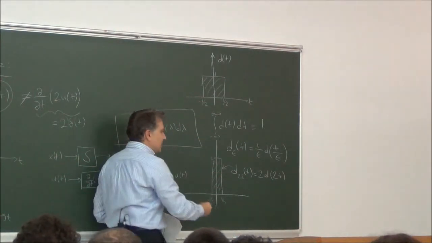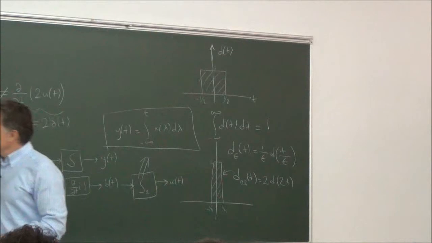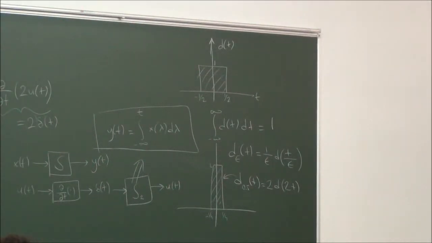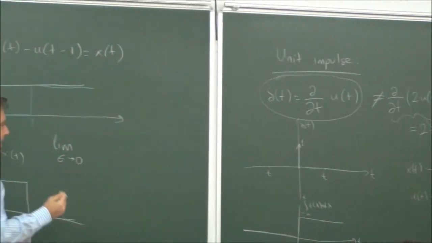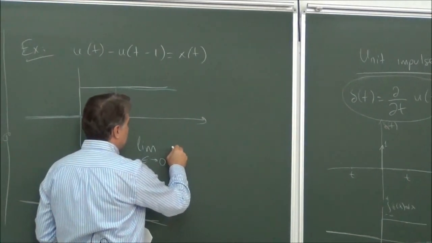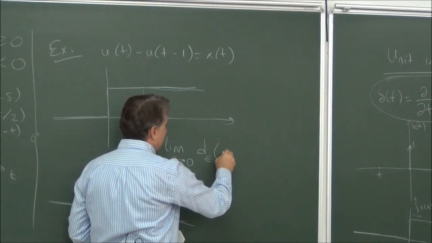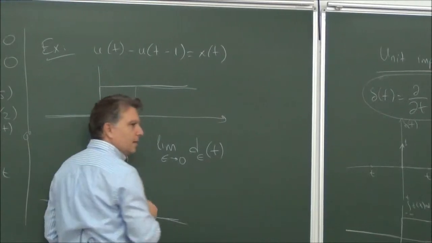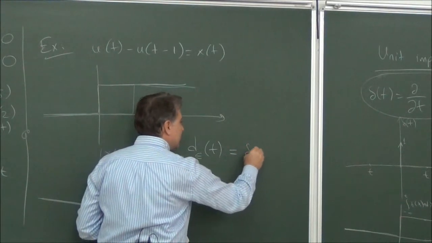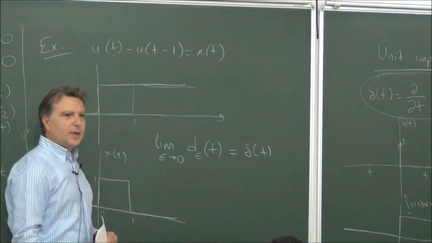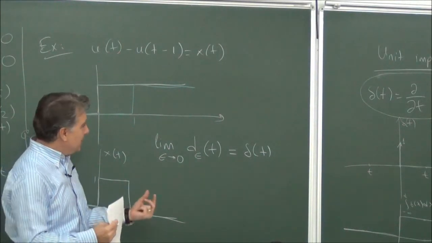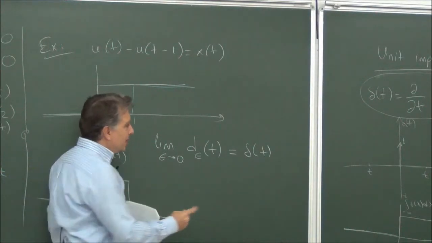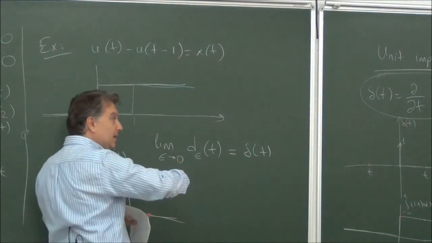Now, what we are going to do is, as you may guess, let me write it here. As epsilon goes to 0, we are going to make it infinitely narrow. The d epsilon of t will be equal to delta of t. No matter how narrow the width may be, the height will be respectively larger.